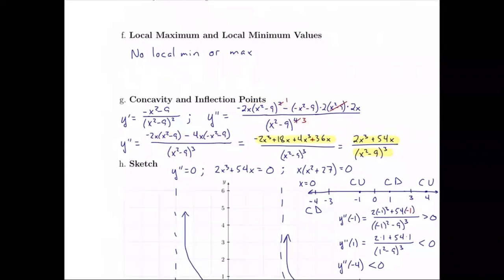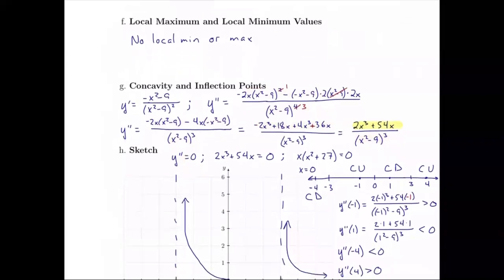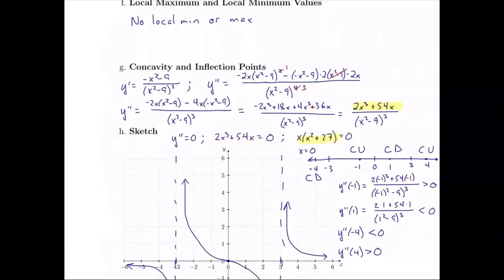We want to know when the second derivative is 0, just like with the first derivative. That's effectively solving the numerator of the second derivative being equal to 0. We can factor a 2 out, or divide by 2 on both sides. We can factor an x out of this expression, and we arrive at this. So we have 2 possible solutions, maybe even 3.